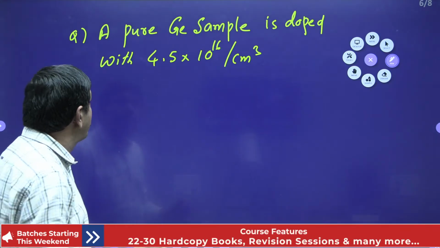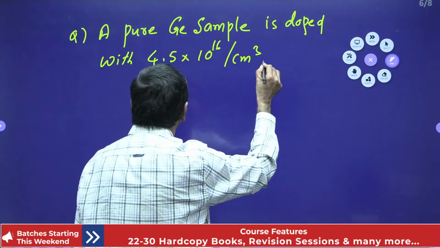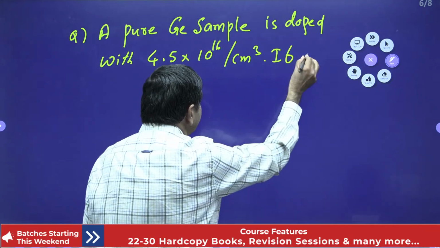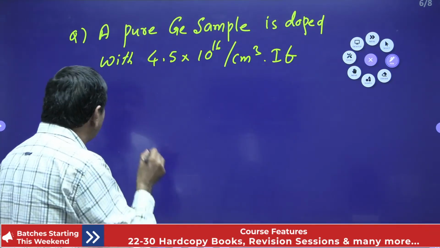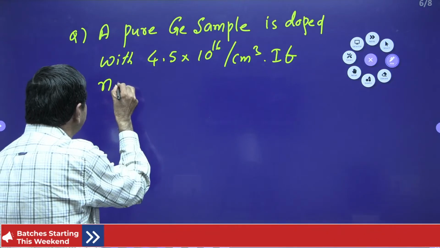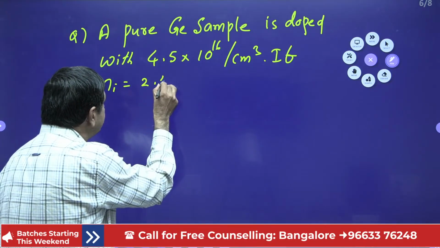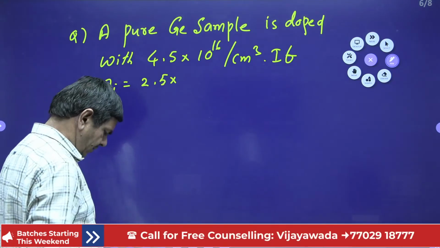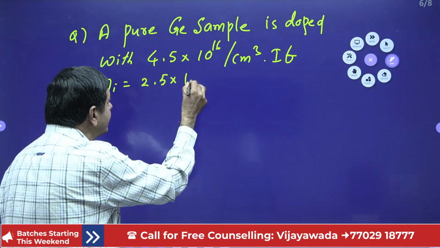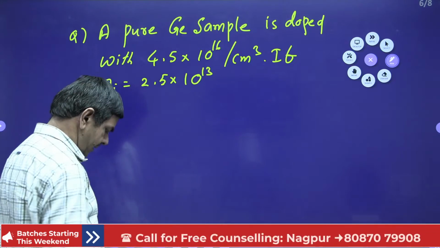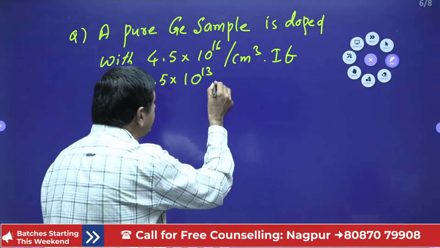Ni, the intrinsic concentration, is given. Ni equals 2.5 into 10 power 13 per cm cube.